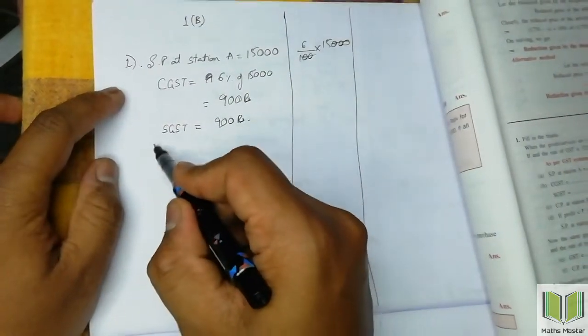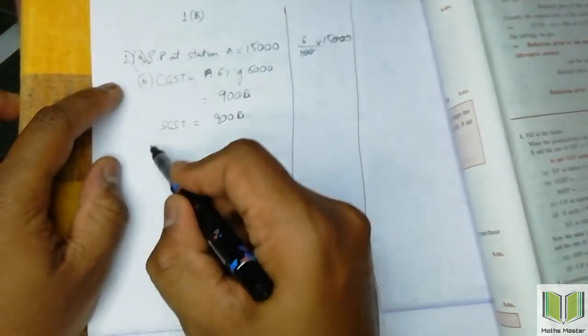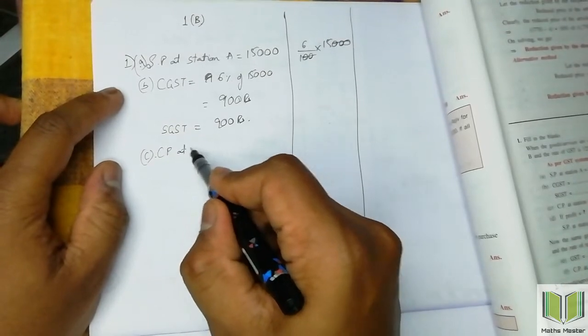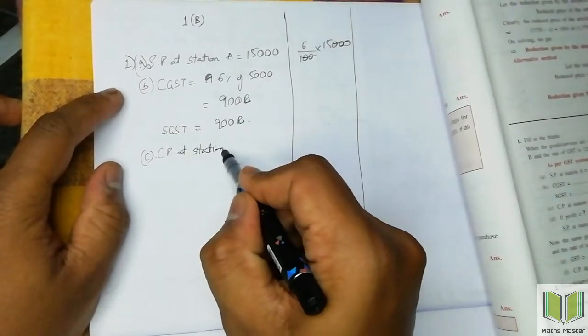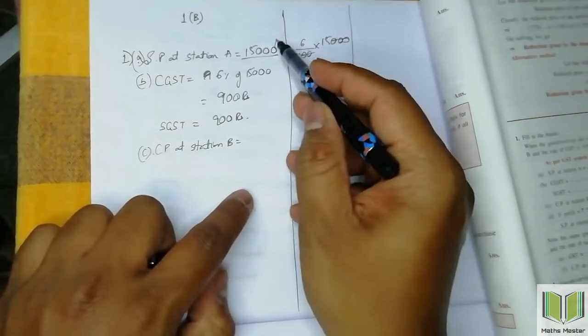Now this is part B of the question, cost price at station B, CP at station B. At station B, the person is purchasing inclusive of everything, right?